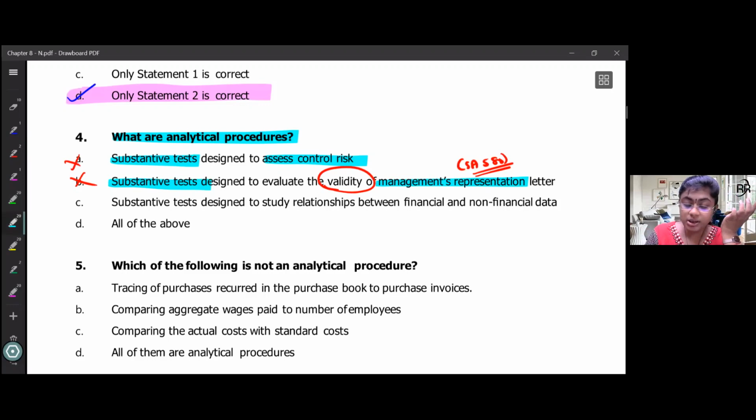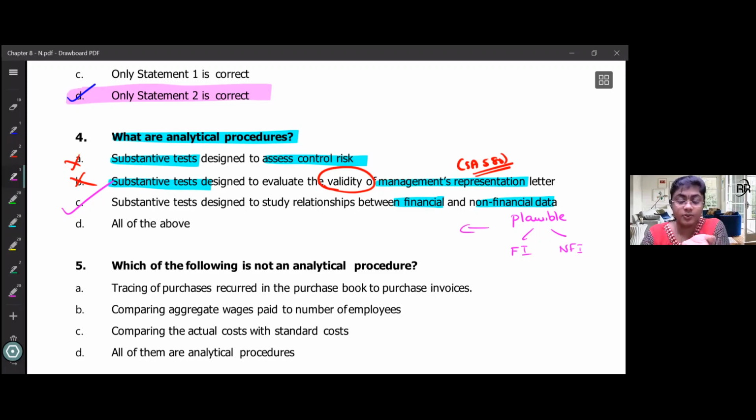Analytical procedures are used to study relationship between financial and non-financial. That's the answer. Here you see in analytical procedure, plausible relationship between financial and non-financial. Why? To evaluate.